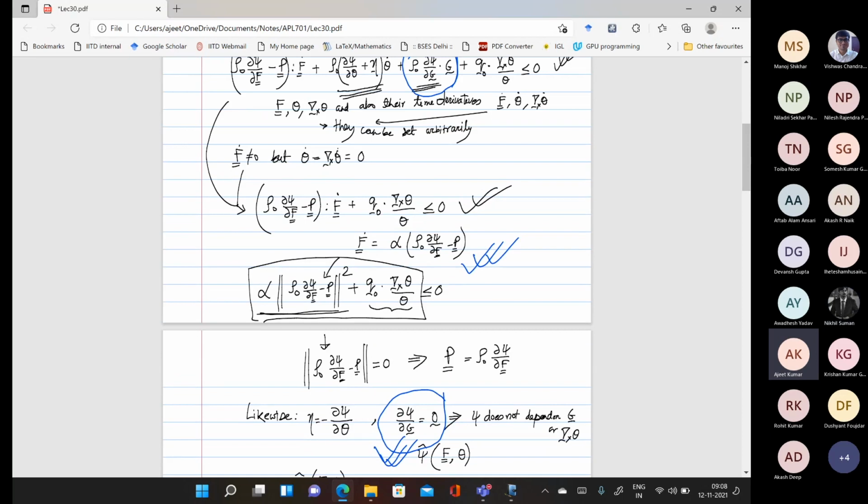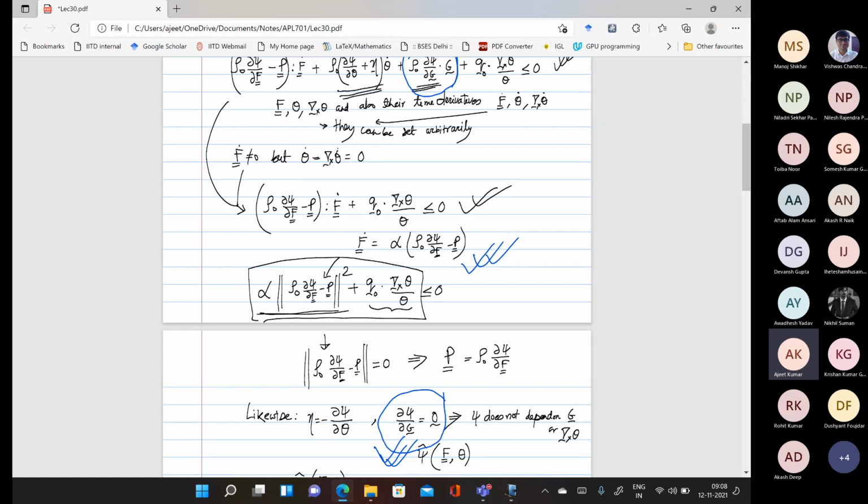All that we are saying is that the coefficient is vanishing. This inequality has to hold for all the processes, so you can apply specific cases and reduce something.